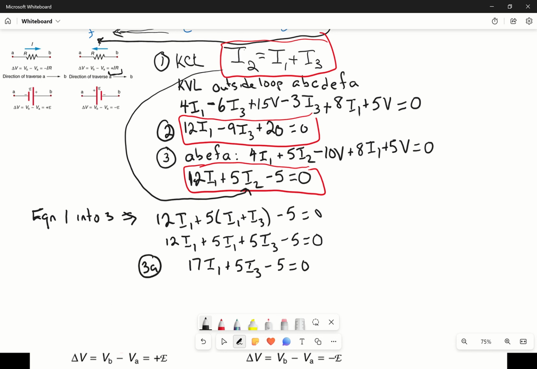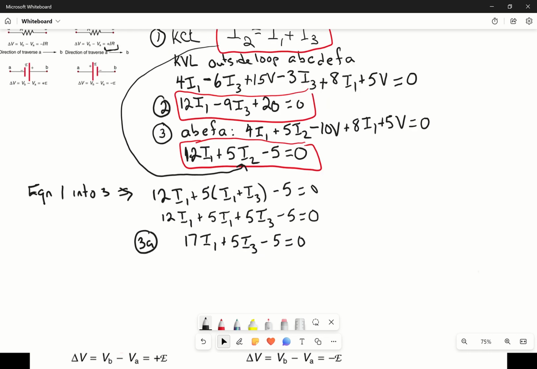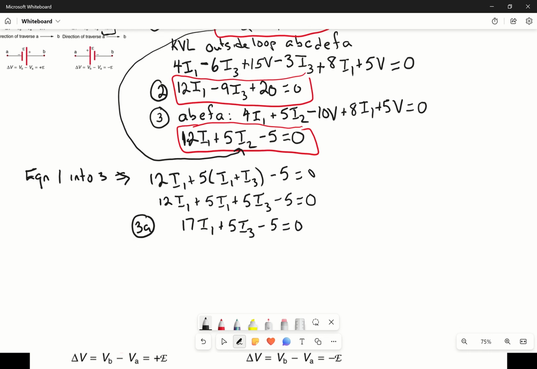equation 3a. All right, so now what I do is I'm going to take that equation, I'm going to rearrange it so I solve for either I1 in terms of I3 or I3 in terms of I1. Let me solve for I3 in terms of I1. So I'm going to take 5I3, leave that on the left side. I'm going to bring all the other terms over to the right side. So I'm going to flip their signs.